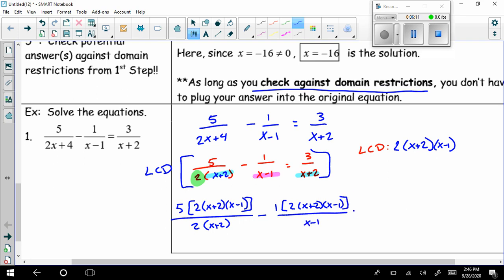Notice nothing about the denominator has changed yet, and that's equal to 3 times 2 times x plus 2 times x minus 1.